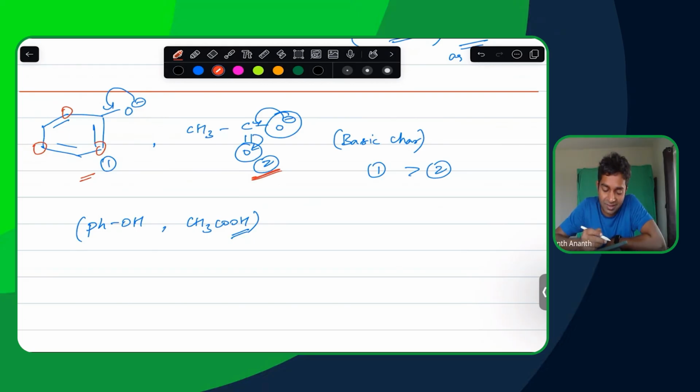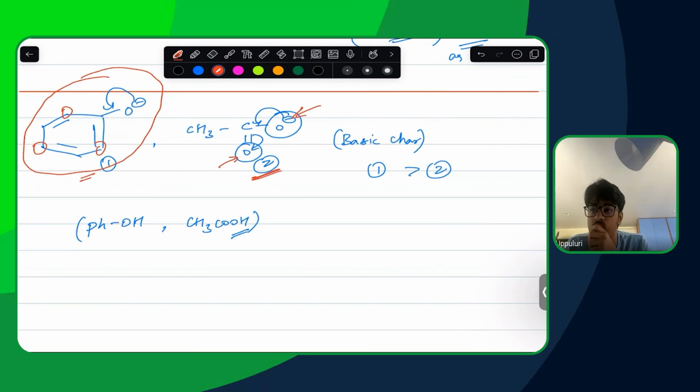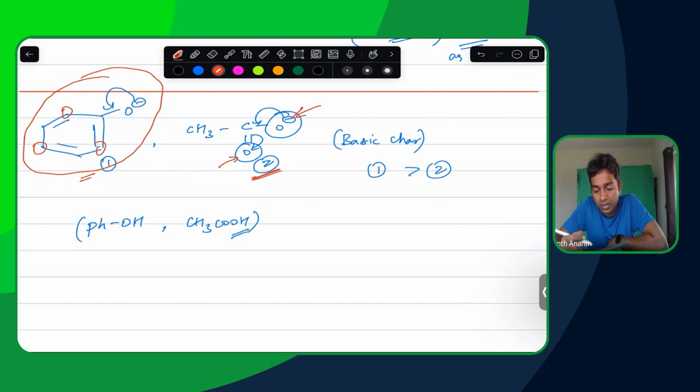In this ring over here, you're having multiple locations, which is definitely going to decrease the probability. And more critically, if it's going to be attacking from the ring, that's a fat location. There will be more repulsions. In this case here, when you are having resonance happening, both of these become equal, which means the probability factor of having two locations actually gets cancelled out.